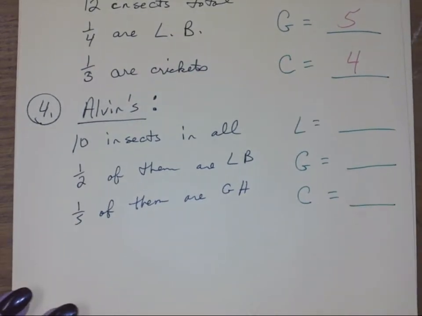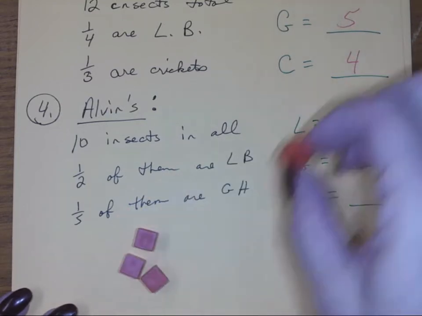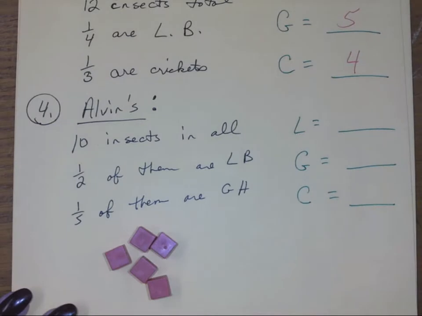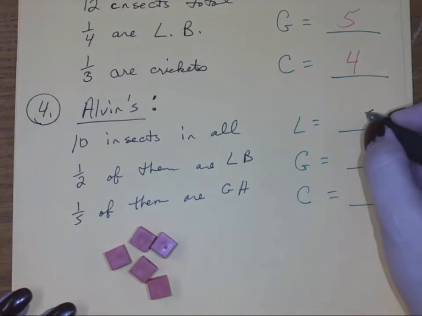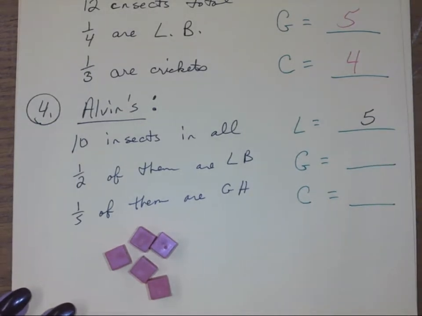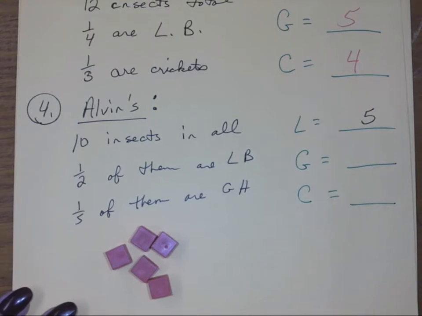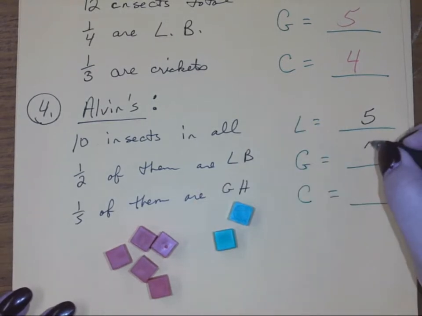As adults, again, it's pretty good for us to say, hey, I know if there are 10 of them and 1/2 of them are ladybugs, that means that 5 are ladybugs. So if you're making your collection, 5 ladybugs. And I know that 1/5 of them are green or grasshoppers, so those are going to be green. That's 2.